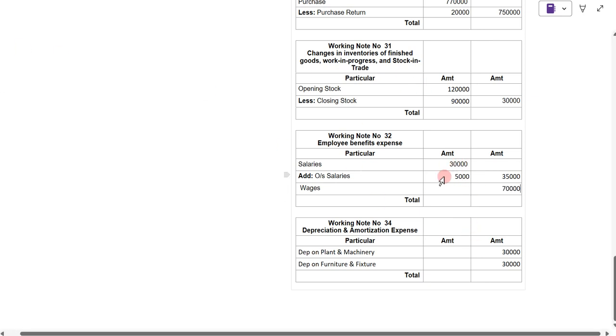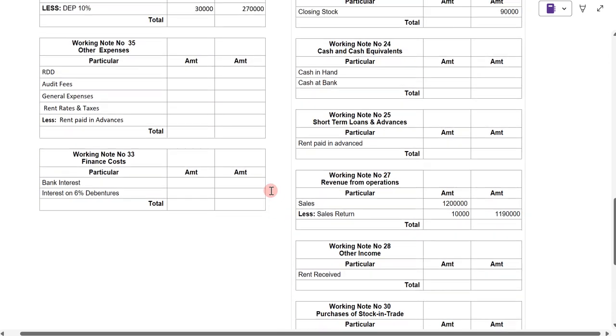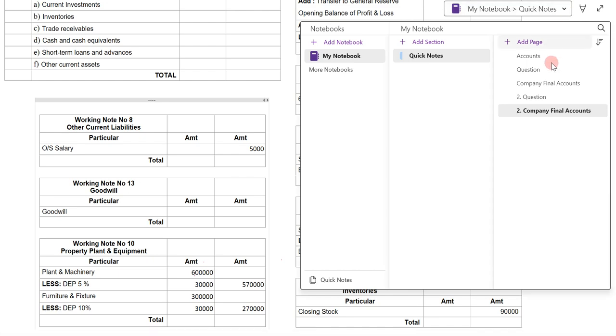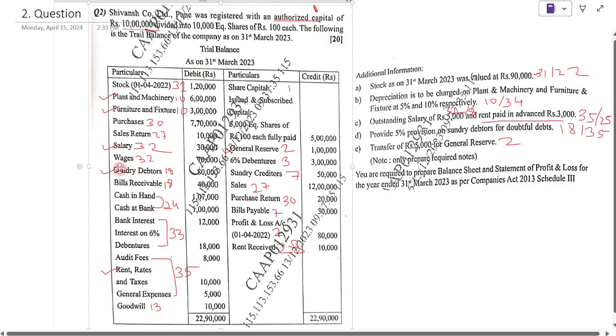Now the second effect of outstanding salary will come in note number 8. Outstanding salaries in other current liabilities, 5,000. Wages entry 70,000 we have done. Then sundry debtors and bills receivable, note number 18.